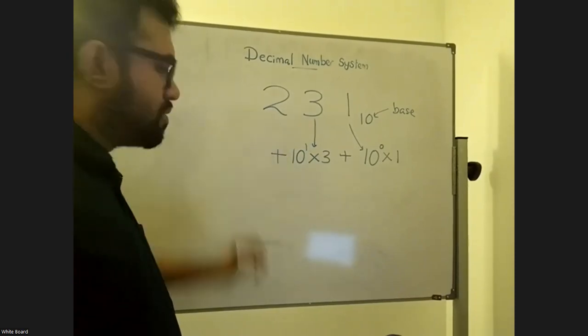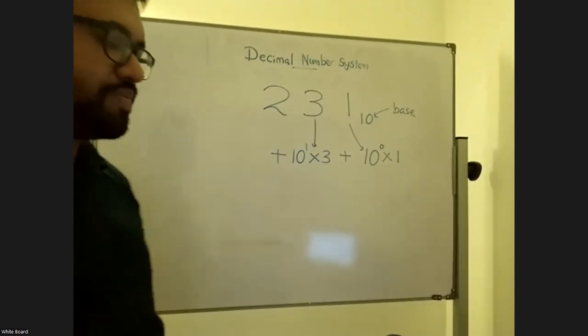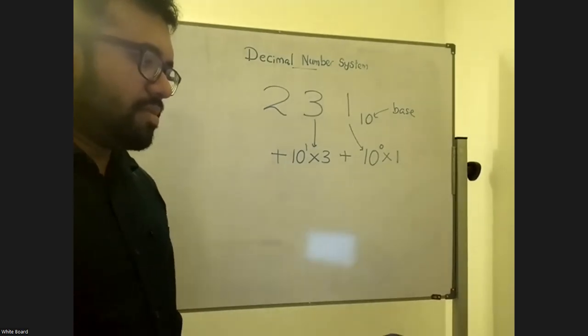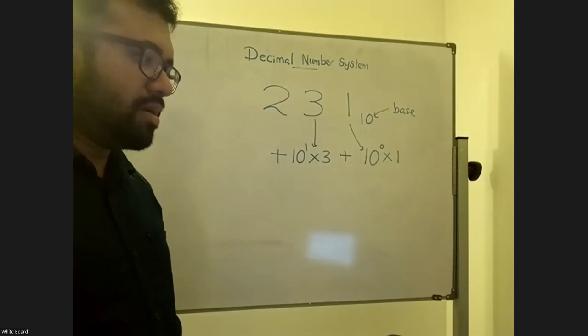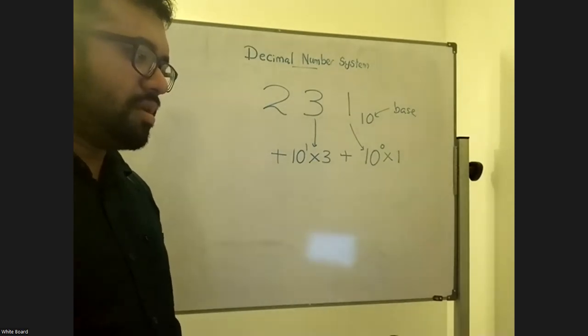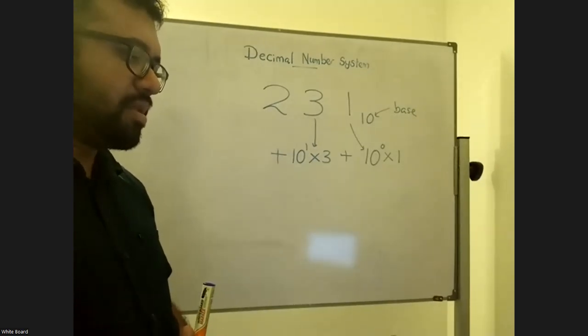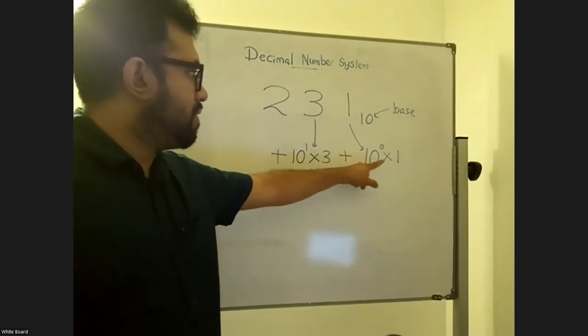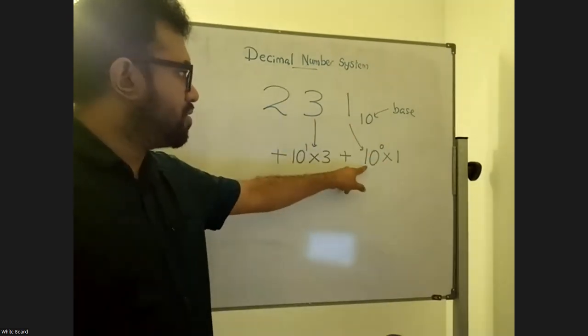Can you write the last one? What will be the last one? Can you think and tell me? 1 is going to be 1 into 10 to the power 0, the place value.